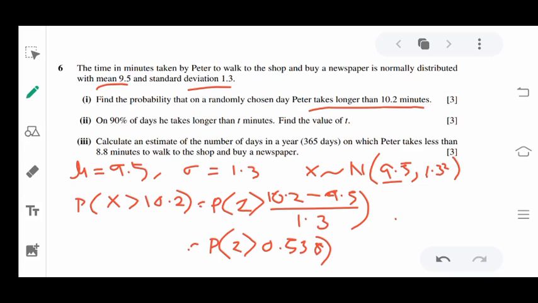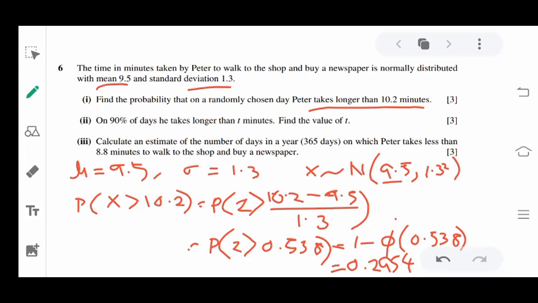So the probability of z greater than 0.538 is equal to 1 minus phi of 0.538, which is equal to 0.2954 as the answer. So that is the answer for the first question.